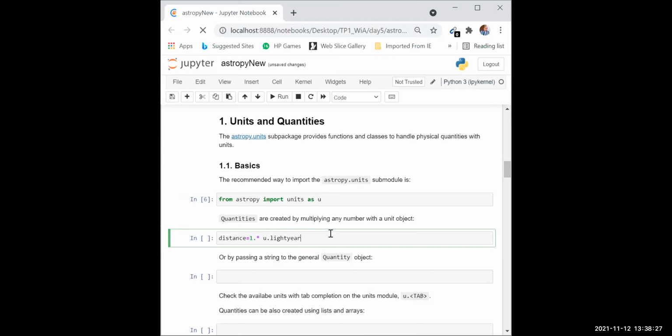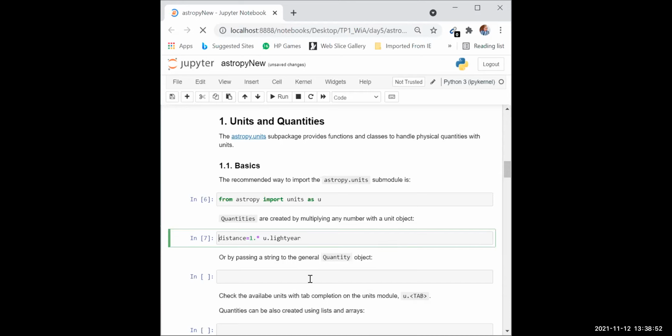Yeah, so in Astropy, there is something called light year defined, and we are getting the value of light year by typing U dot light year. Similarly, we'll have U dot parsec and so on. So what we are doing here is I am taking U light year and I am storing it into the variable called distance.